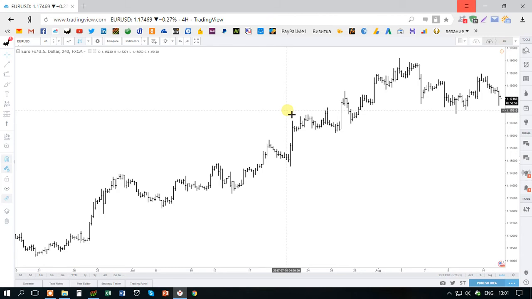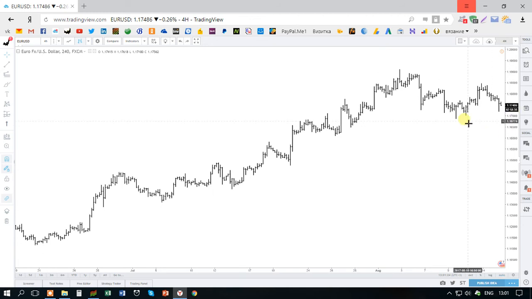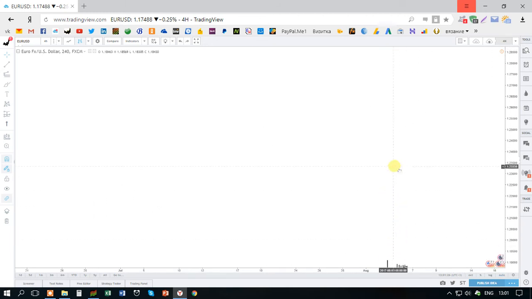The third one is that trends will most likely continue until we get a sign of reversal. And number four is that history repeats itself. There is also truth number 5, that trends have a fractal nature, but we'll talk about that later. Okay, let's consider number 2 and number 3, that price moves in trends and that the trend most likely will continue until it gives us a sign of reversal.